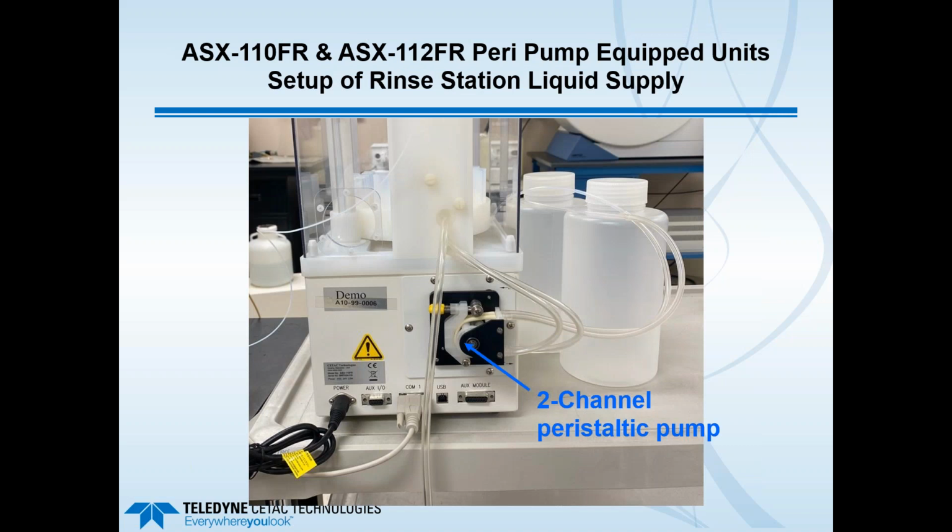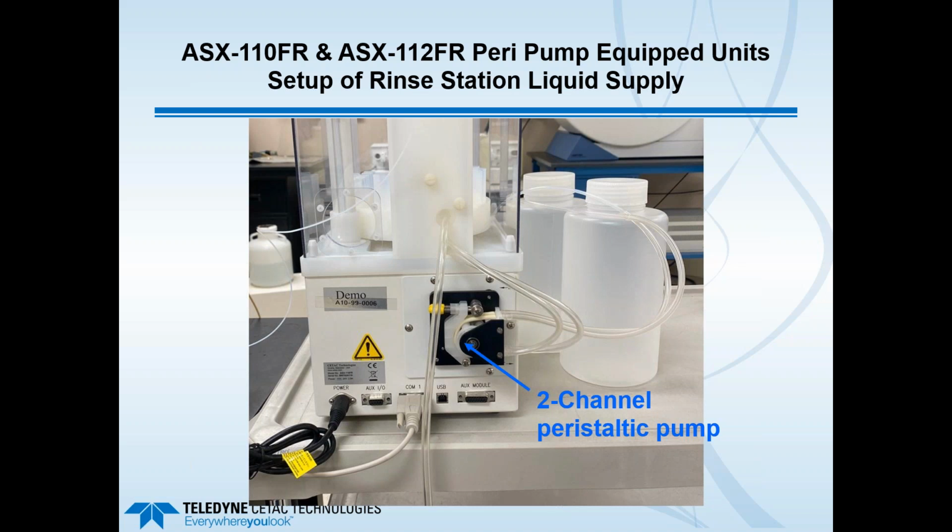Now, what you probably noticed in some of the previous slides was there was a peristaltic pump. There is a peristaltic pump that's mounted onto the back panel of either the ASX-110 or the ASX-112. It's a two-channel peristaltic pump, one channel for the pre-rinse and one channel for the full rinse. You see there are a couple of lines.